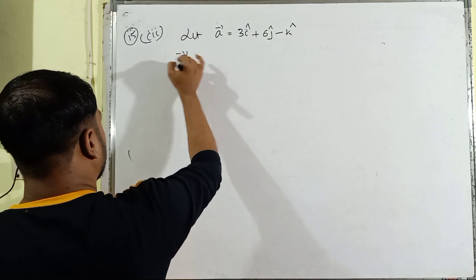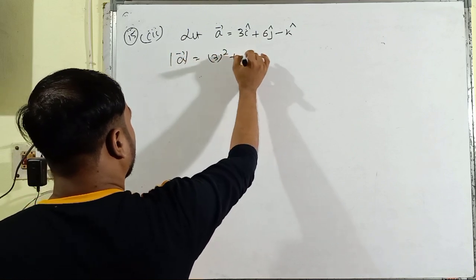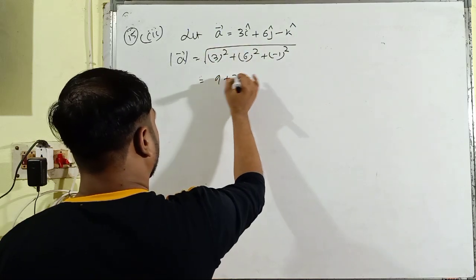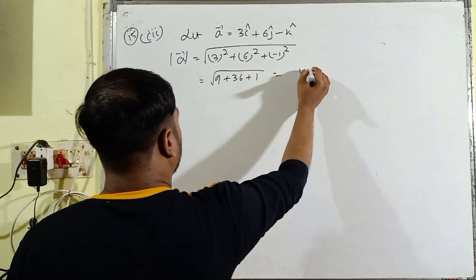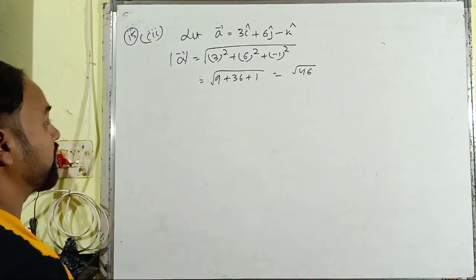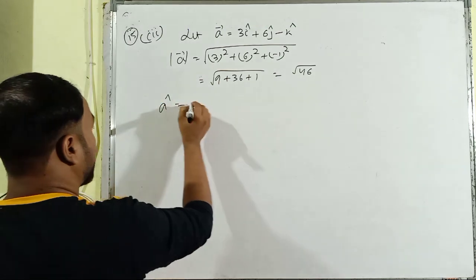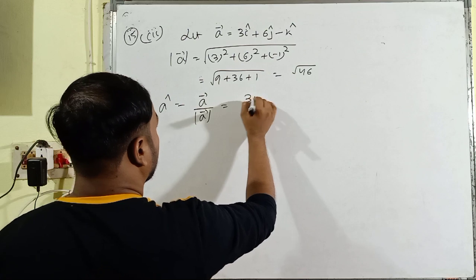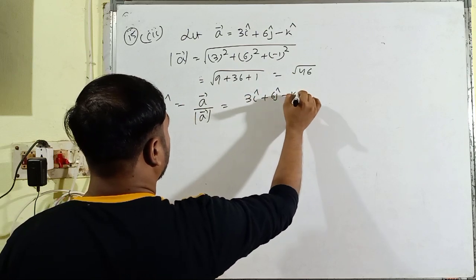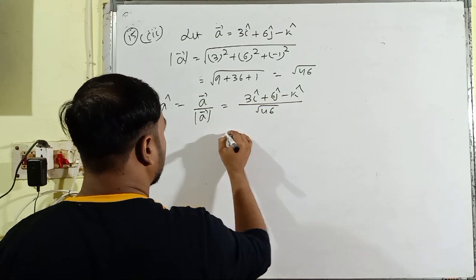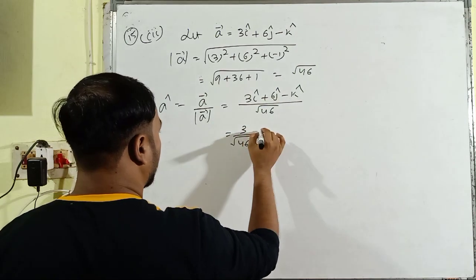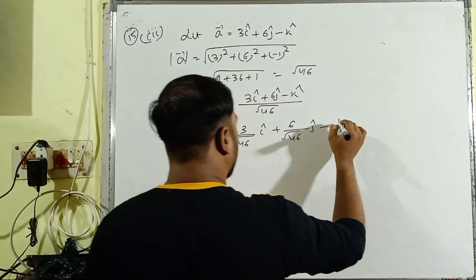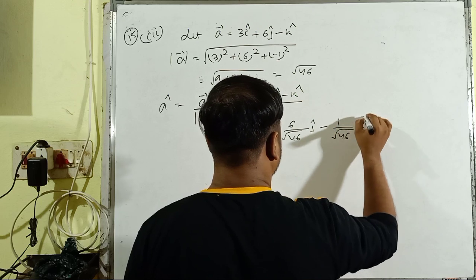Here magnitude of A vector is 9 plus 36 plus 1, and it is square root of 46. Then we have to find the unit vector. The unit vector is defined as A vector divided by magnitude of A vector. That means 3i cap plus 6j cap minus k cap divided by square root of 46. It is 3 upon square root of 46 i cap plus 6 upon square root of 46 j cap, then minus 1 upon square root of 46 k cap.